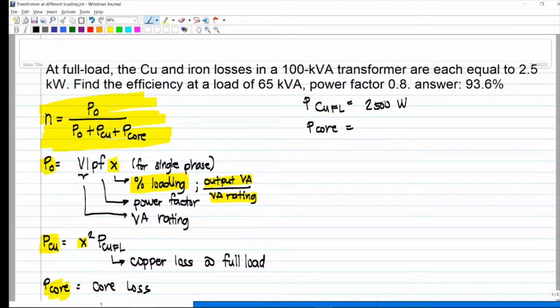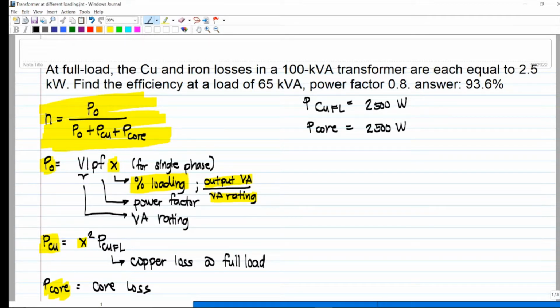So, kapag nagsasolve din tayo pala ng efficiency ng transformer, siguro ang magandang suggestion dito is dapat lahat ng unit of power natin ay in watts. So, ito, ang full load copper loss ay 2,500 watts. Ganun din naman ang core loss na 2,500 watts.